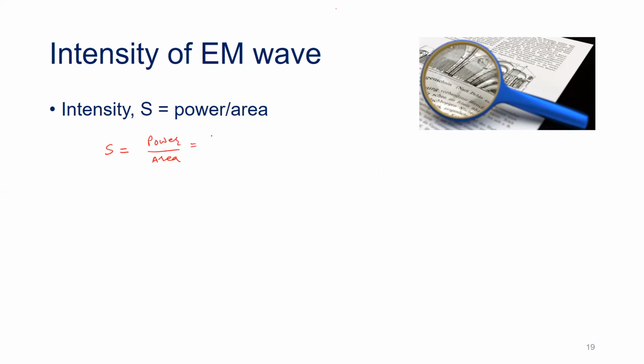So we can write P per unit area, and we know that power can be written as energy per unit time, divided by area. Power is energy per unit time, and we already know the energy of an electromagnetic wave. Please refer to the previous module.